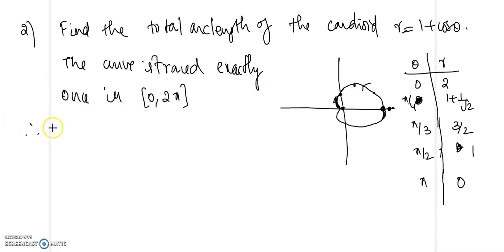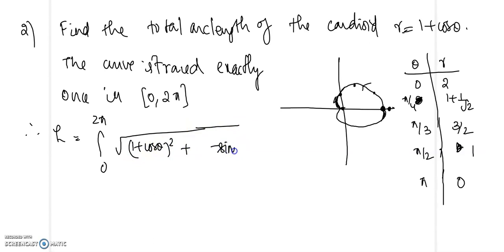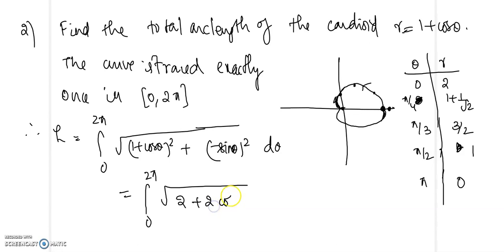So therefore L will be equal to integral 0 to 2 pi root of, so r square is 1 plus cos theta whole square plus dr by d theta will be minus sin theta whole square d theta. So that is integral 0 to 2 pi root of, after simplifying you will get 2 plus 2 cos theta d theta.